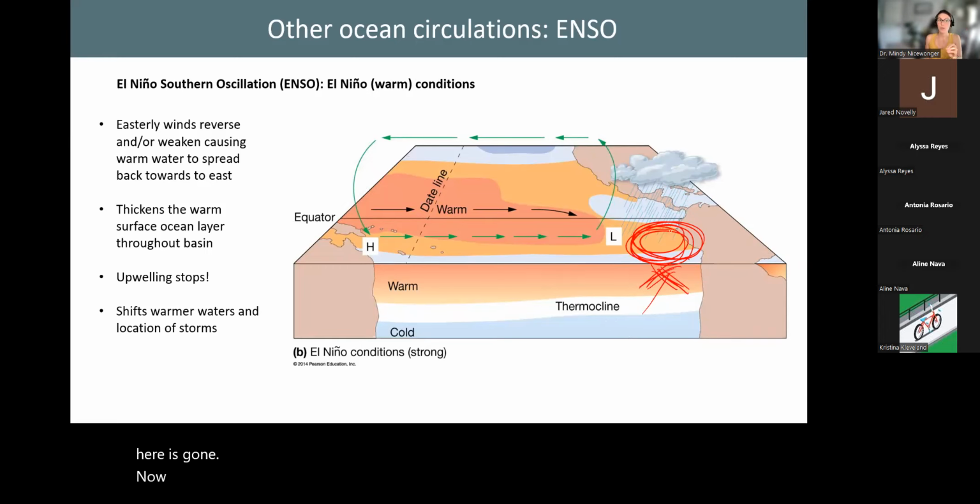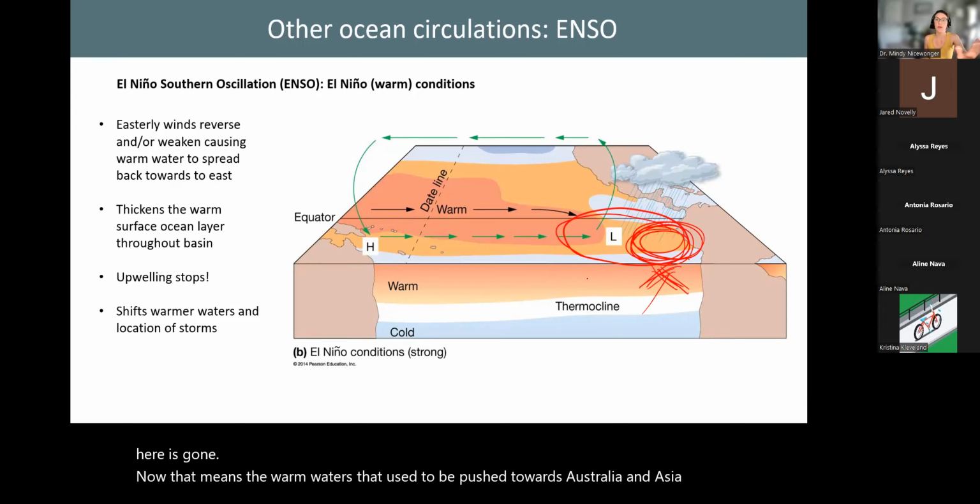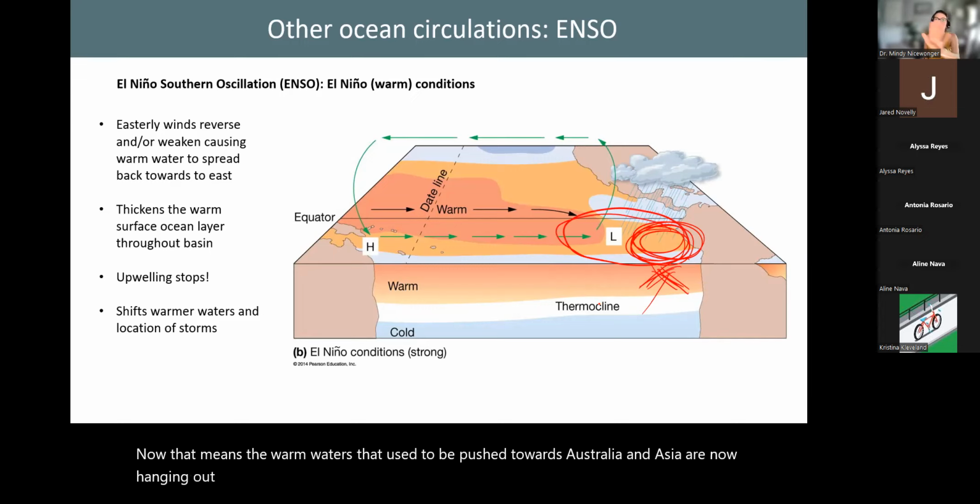Now, that means the warm waters that used to be pushed towards Australia and Asia are now hanging out along the whole equatorial Pacific Ocean.